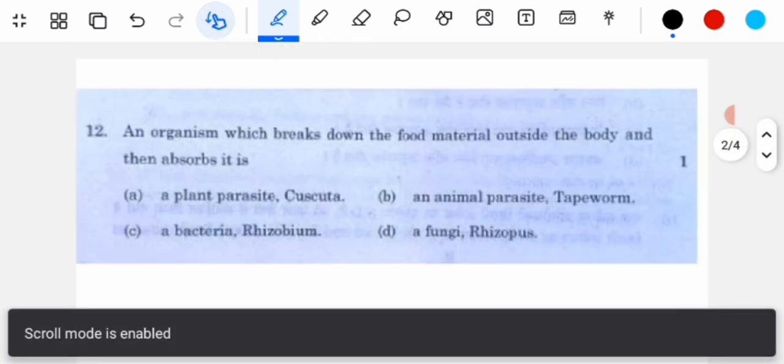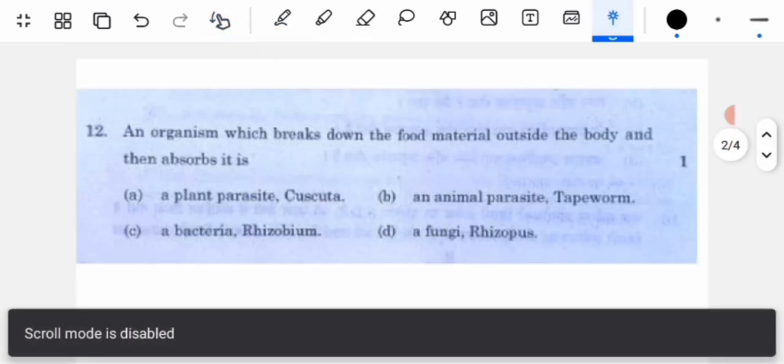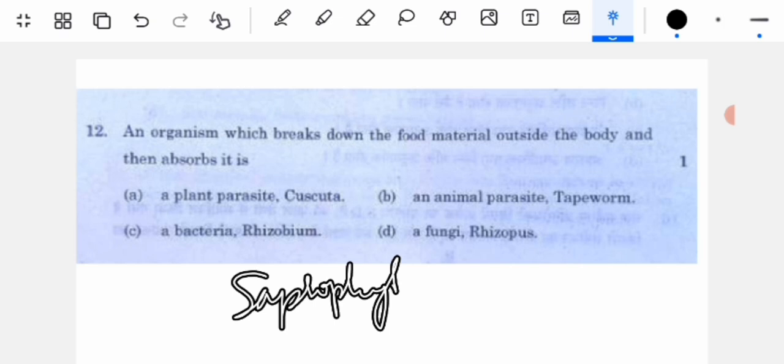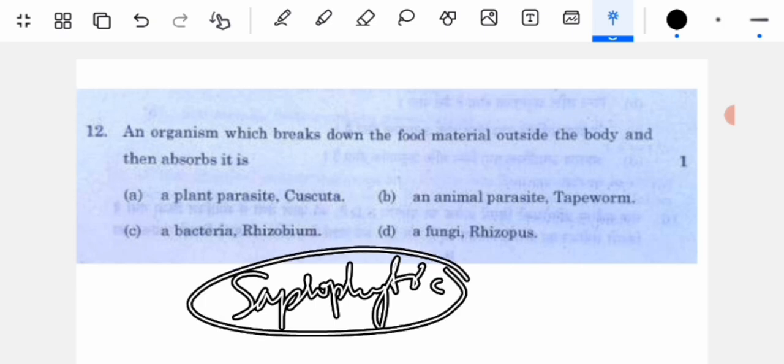Okay. The second question says that an organism which breaks down the food material outside the body and then absorbs it. We have learned this. This is a saprophytic nutrition type. We have given an example of fungi, that only. So Rhizopus they have given. Rhizopus belongs to the Phycomycetes family.